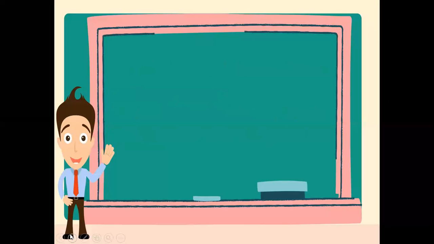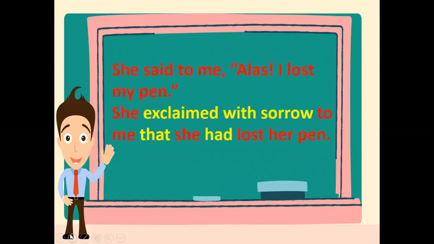Let's see another example. He said to me, alas, I lost my pen. So said to will be changed into exclaimed with sorrow, because alas is showing us that she is in grief. She's feeling sorrow, right? So exclaimed with sorrow will be replacing said to.